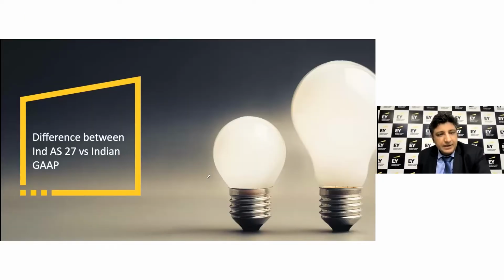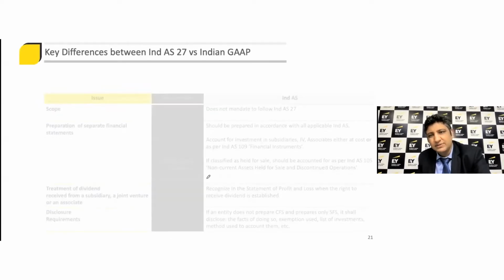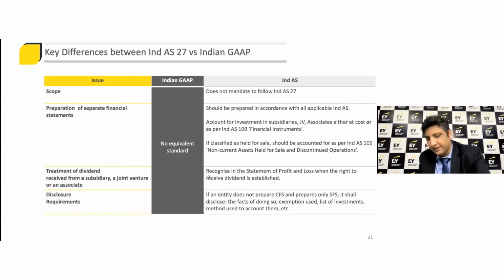Hi, everyone. We would now like to talk about the differences between Ind AS versus the earlier AS, the Indian GAAP. There was no equivalent or related standard as far as the preparation of separate financial statements was concerned.